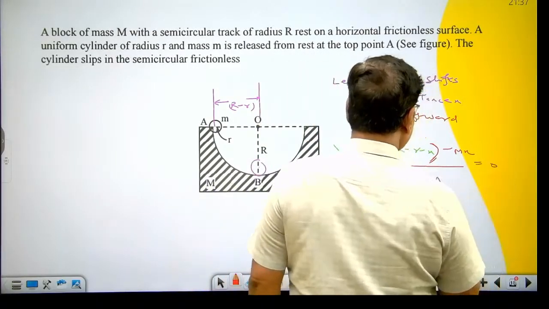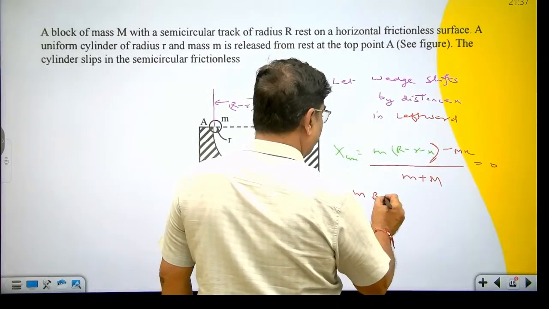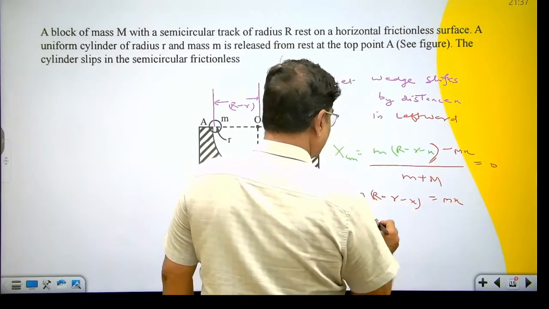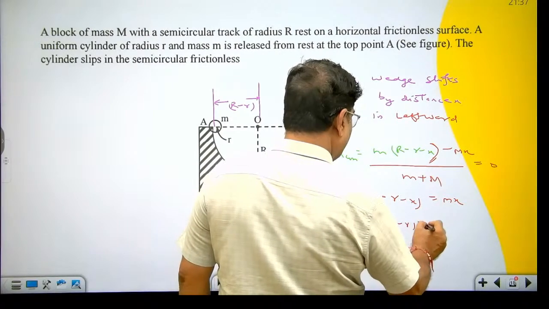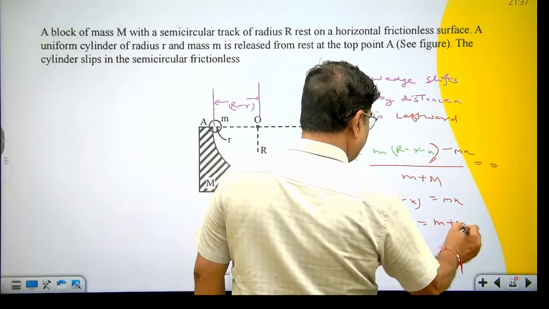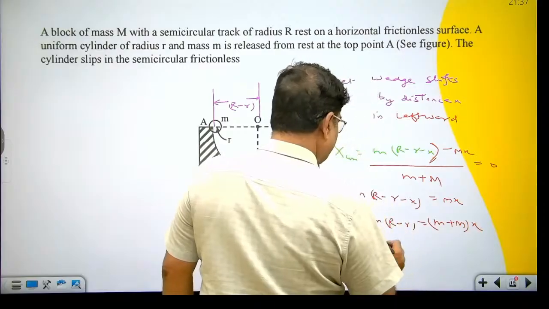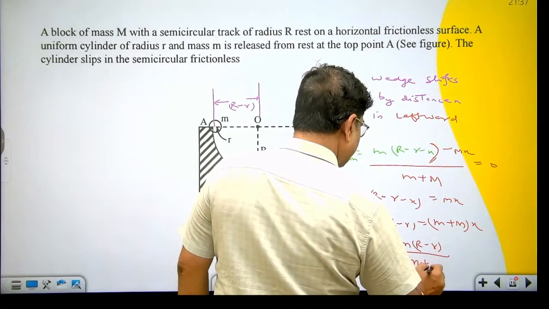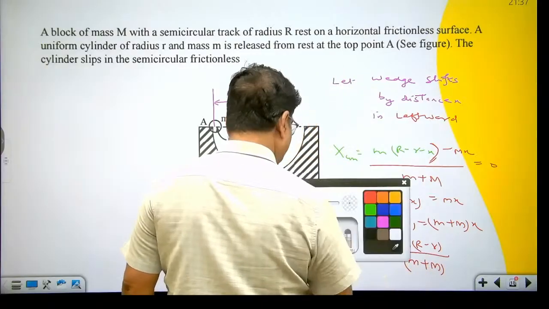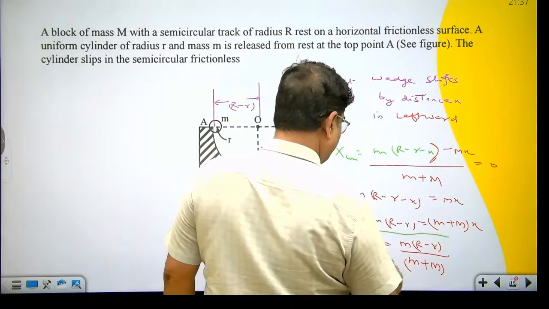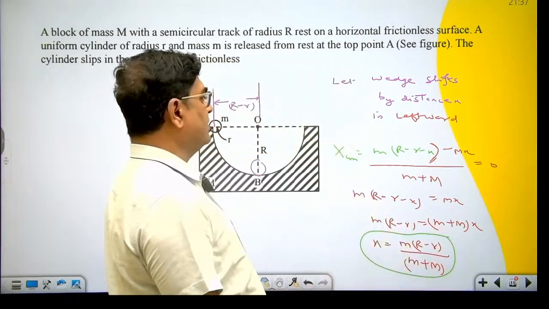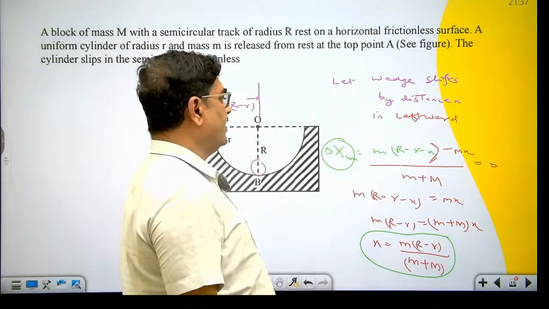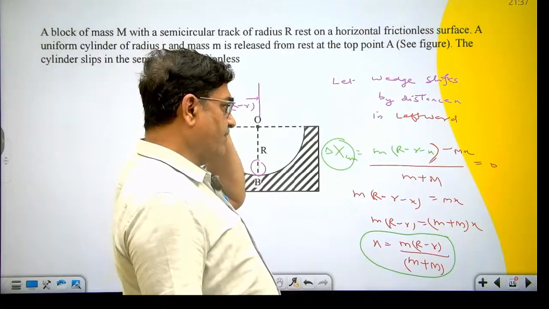Since this shift is 0, we can write m into (R minus r) minus x equal to Mx. So m into (R minus r) equal to (M plus m) into x. So x is how much? x equals m(R minus r) upon (M plus m). So this is the answer to the question, because delta x cm will be 0.